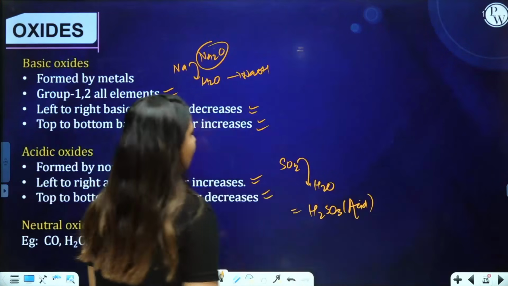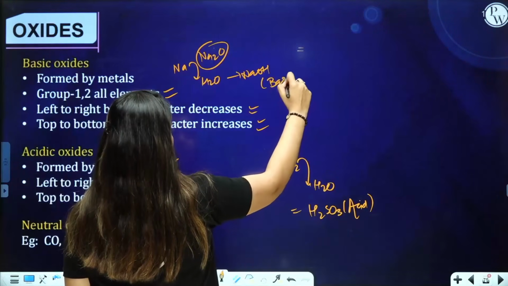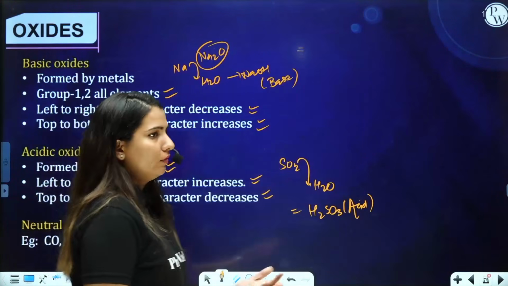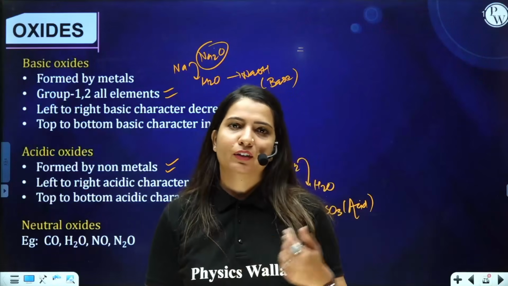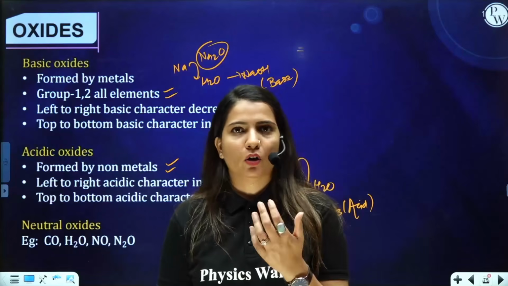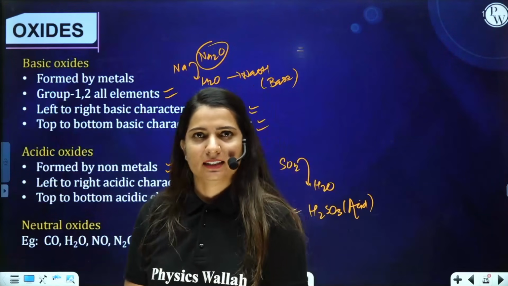So non-metals always form acidic oxides and metals always form basic oxides, because when their oxides are dissolved in water, they form bases or acids. If they form a base, they are called basic oxides. If they form an acid, they are called acidic oxides, right?